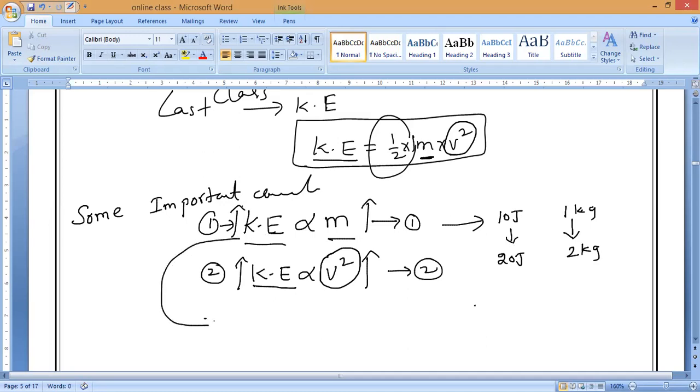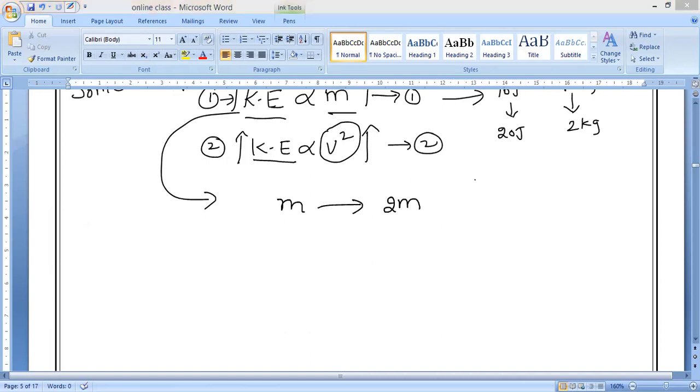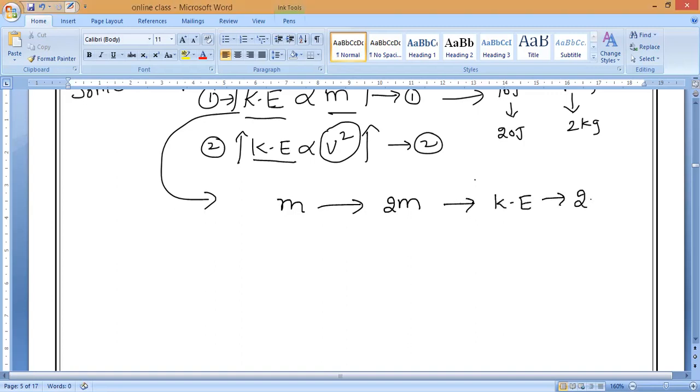So kinetic energy is directly proportional to mass. If the mass of the body becomes double, m becomes 2m, then the kinetic energy also becomes double. That is what you have to remember.